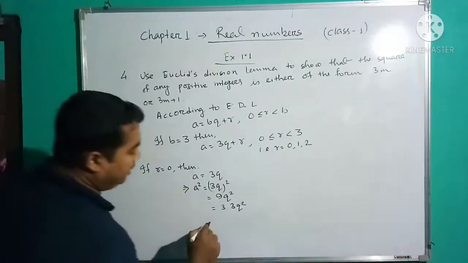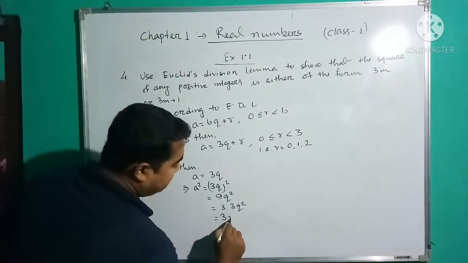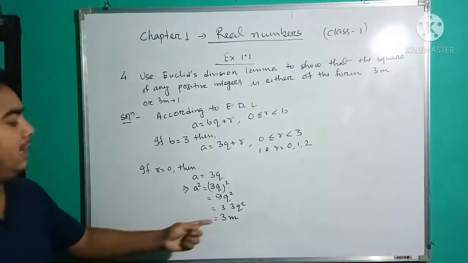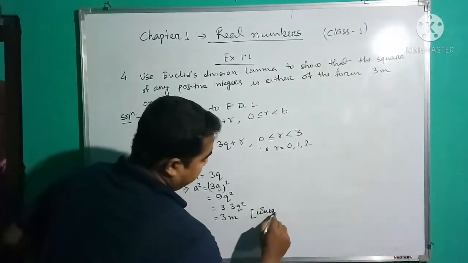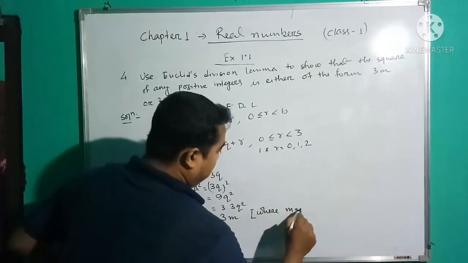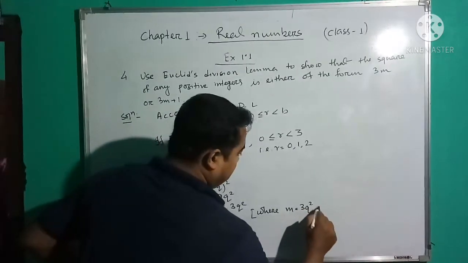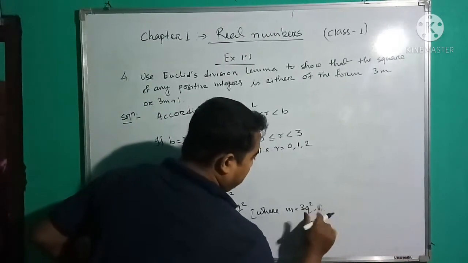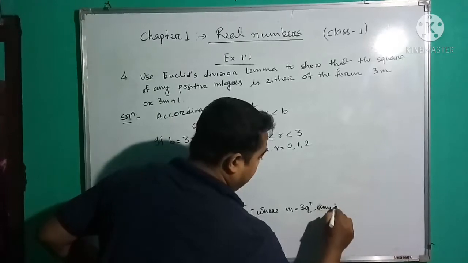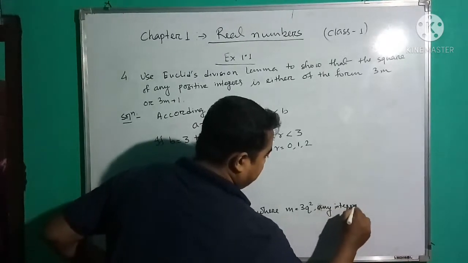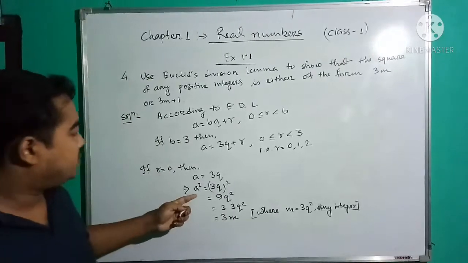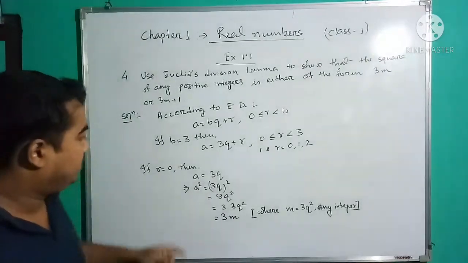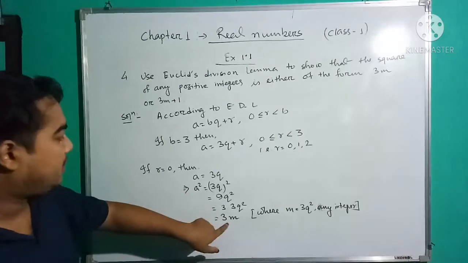Then this 3q square you can write as m within the bracket, where m equals 3q square, any integer. This is the first step: a square equals 3m. That means we got it in the form 3m.